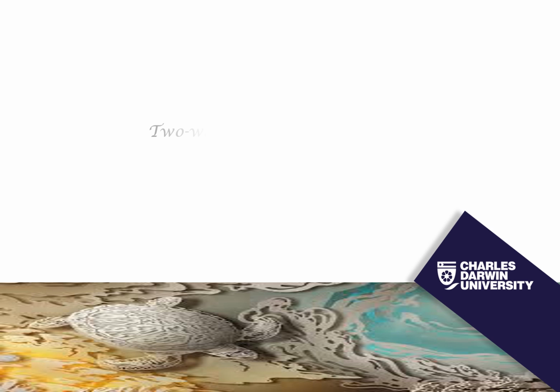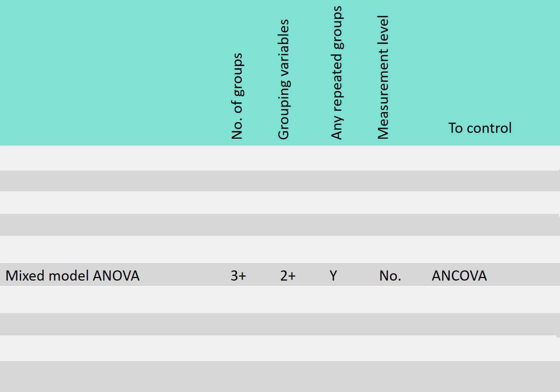And if the design comprised 3 grouping variables, the technique will be called a 3-way ANOVA. And if the design comprised 100 grouping variables, well, then you've probably lost your mind. Anyway, to be honest, the table is not quite accurate. This technique is called a mixed model ANOVA if one grouping variable is repeated measures, such as time in this example, and the other grouping variable is not repeated measures, such as gender in this example.